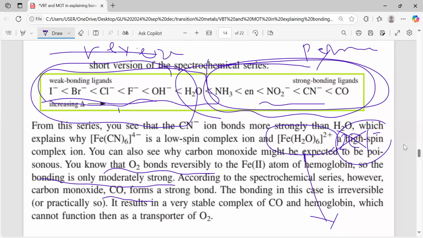Carbon monoxide sticks there and oxygen cannot come back, and therefore you suffocate because your blood can no longer transport oxygen and only transports carbon monoxide. Of course, that is a very strong case during fire breakouts.